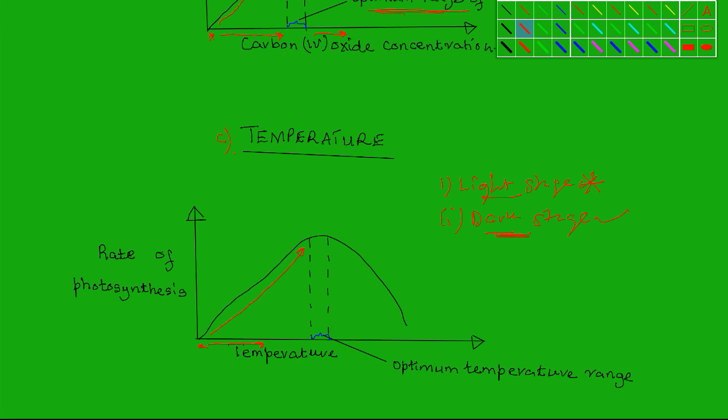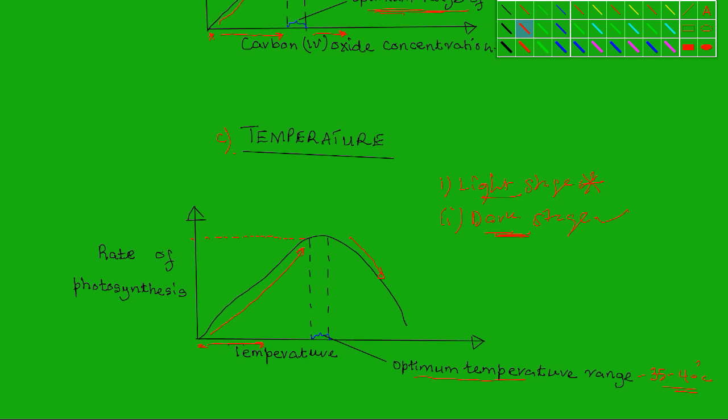Beyond that point, the point that produces the highest rate, that will be the optimum temperature range. Now, beyond the optimum temperature range, a further increase results in a decrease in the rate of photosynthesis. Now, in most cases, the optimum range of temperature is usually between 35 and 40 degrees C in most plants.